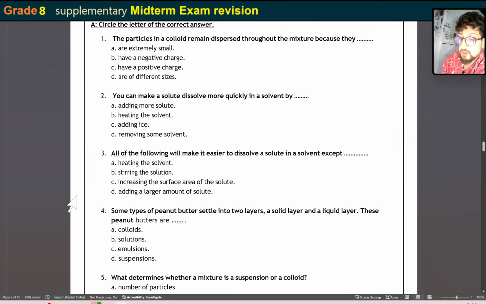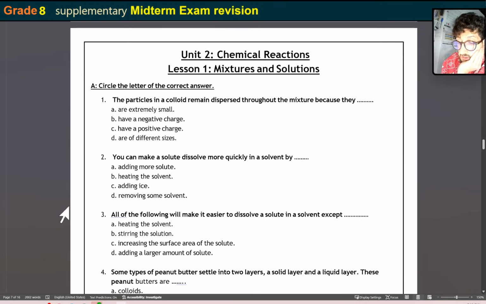Okay, let's keep going. This is now mixtures and solutions. The particles in a colloid remain dispersed throughout the mixture because they are extremely small. They have negative charge. They have positive charge. They are of different sizes. So they are extremely small. That is true. They are very small. But they could well be charged as well.